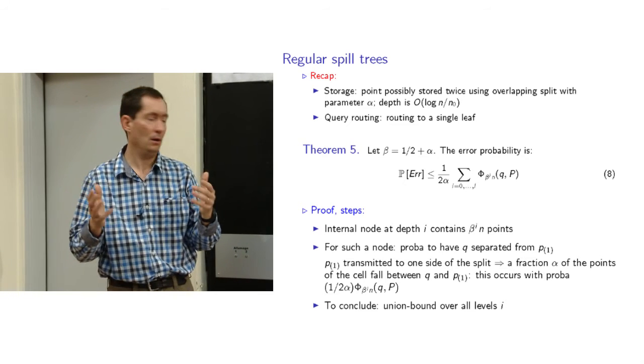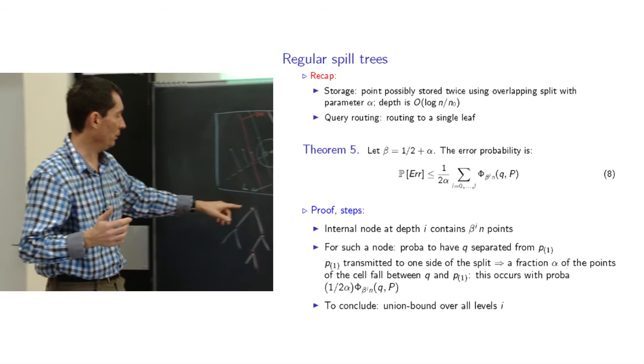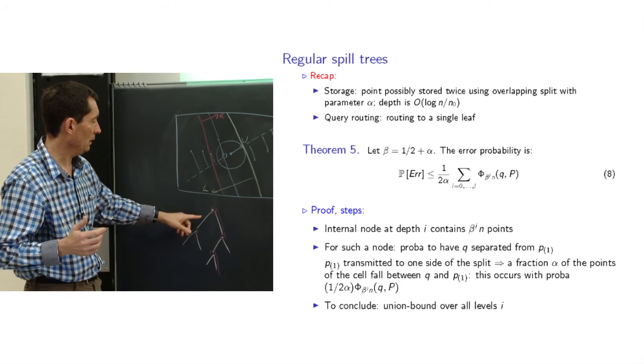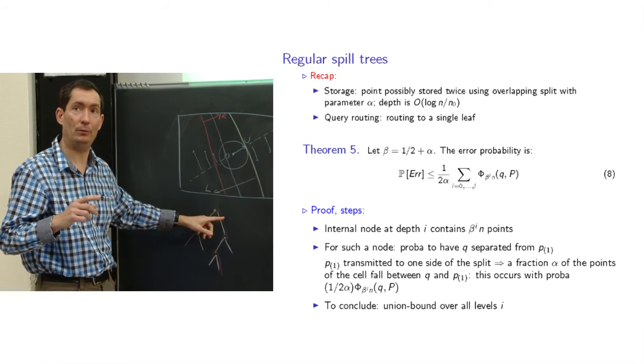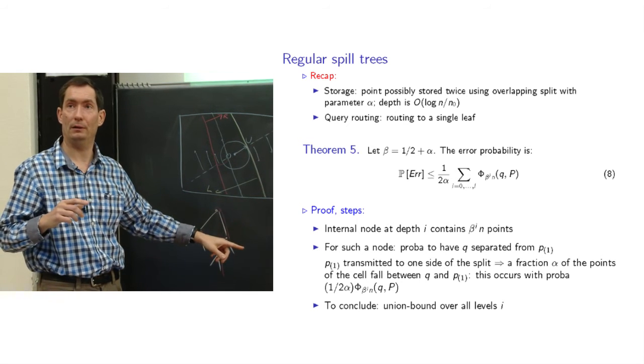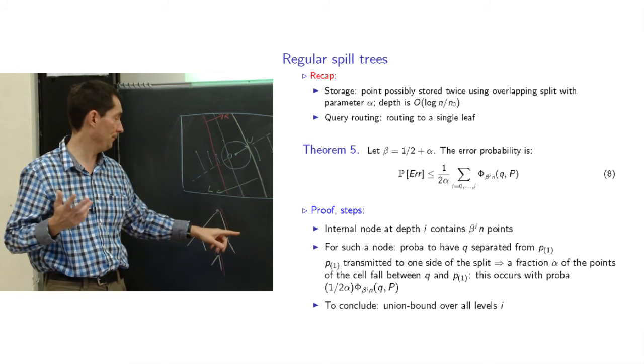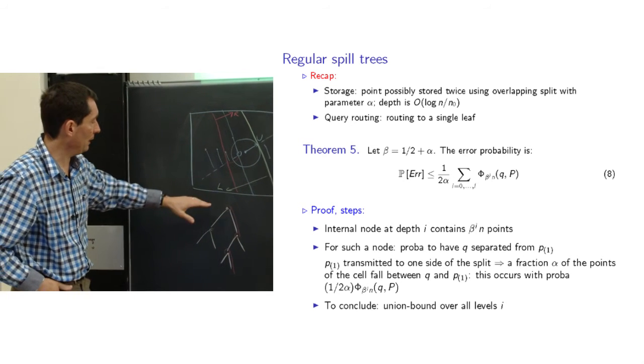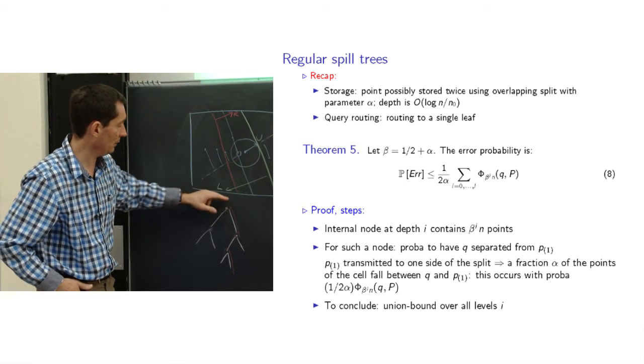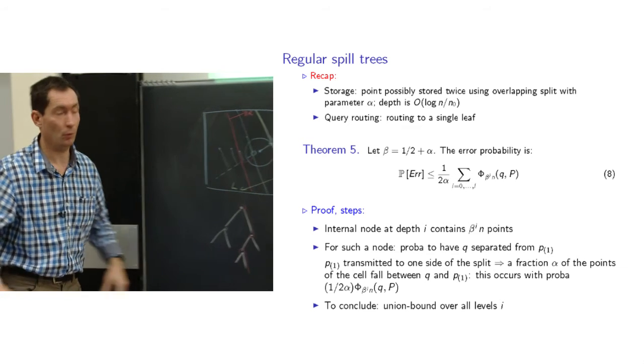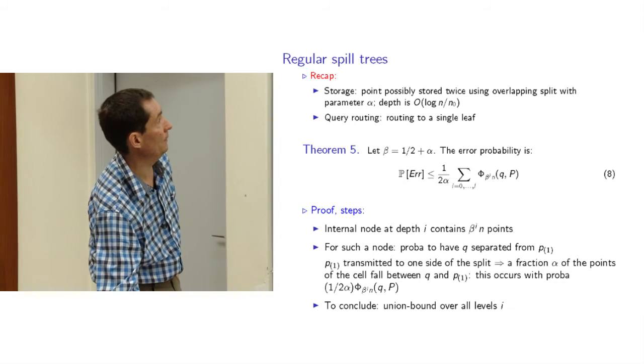I'm going to fail when the query point is routed on one side of the tree, whereas x1, the nearest neighbor, is routed on the other side of the tree, even though I'm using spill trees. So the failure may happen here, may happen there, may happen at any level in the tree, whence this formula.